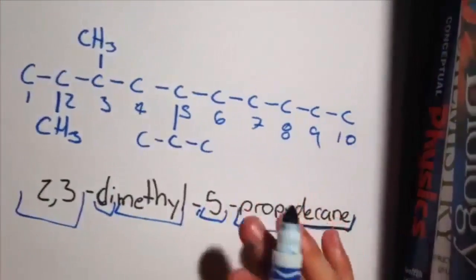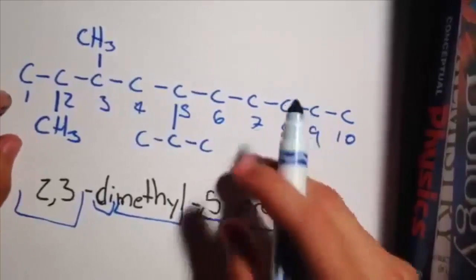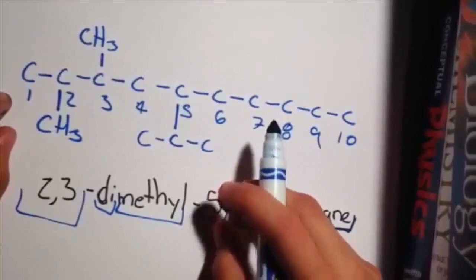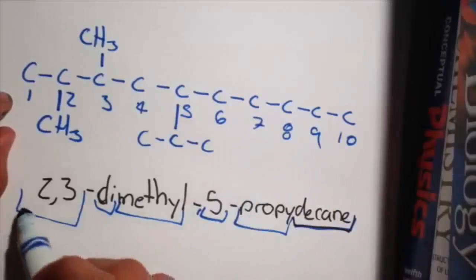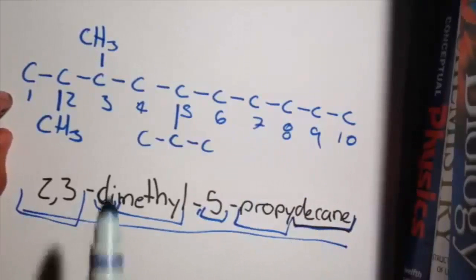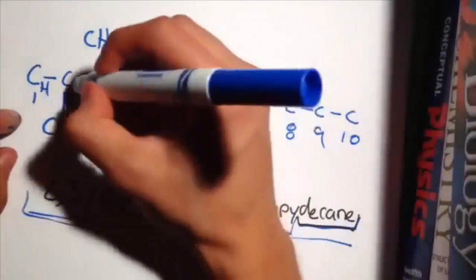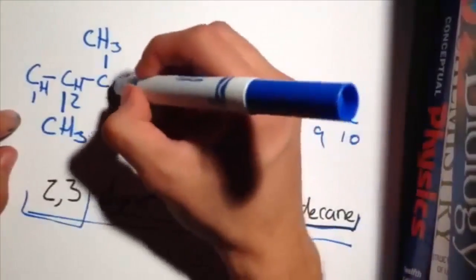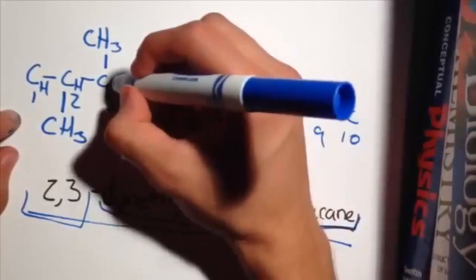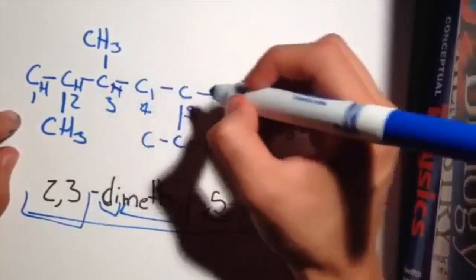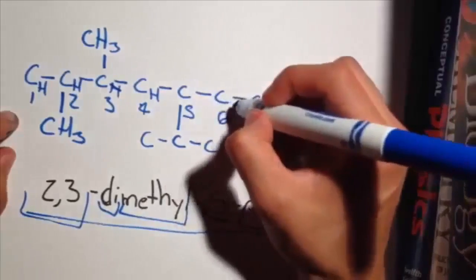Well, this is the structural way to draw an alkane with this name, and then you only add the H to all carbons.